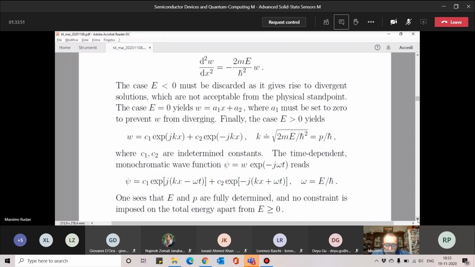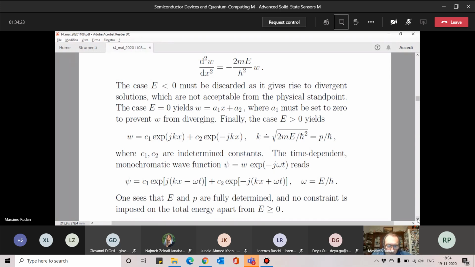The total energy can be any positive number, okay? We leave apart the case equal to 0 that was discussed earlier, okay? So the total energy is some non-negative number, and could be any number, so there is no constraint on the total energy apart from the fact that it cannot be negative.